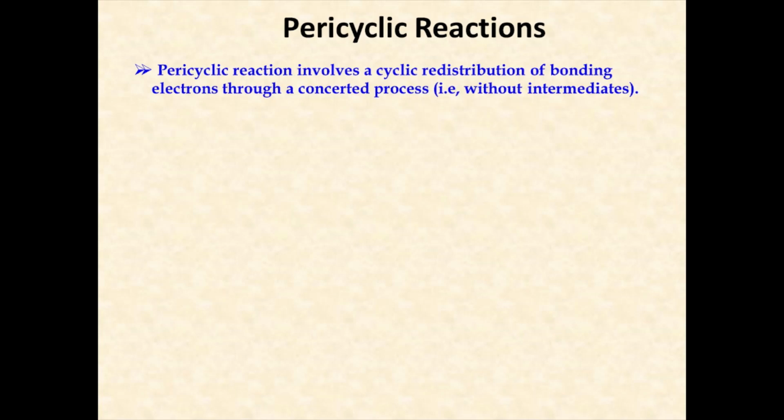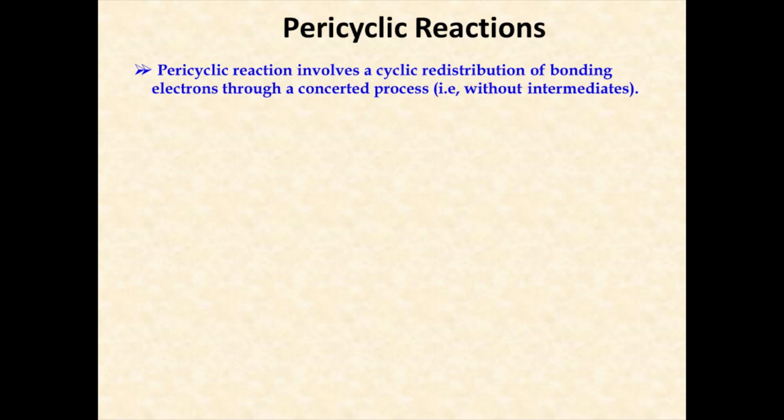Secondly, these reactions proceed by a simultaneous, or we can say concerted, series of bond breaking and bond making events in a single kinetic step. In most cases, they proceed with very high stereospecificity. This is a very fascinating fact about pericyclic reactions, and I will come into details for this.